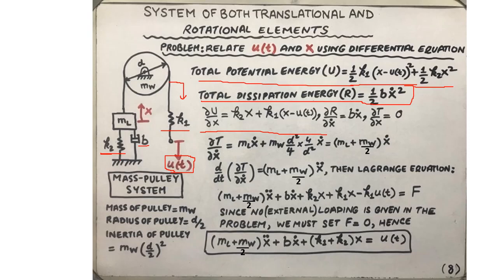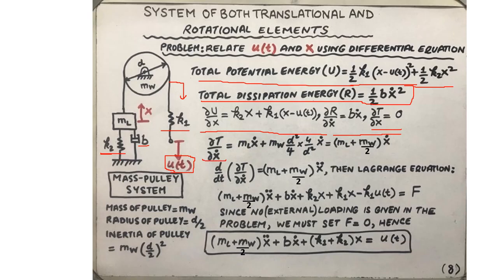Partial R over partial x dot is b times x dot, and partial T over partial x is 0. That's because kinetic energy does not contain any term that involves x. In other words, it is not a function of displacement. However, it is a function of velocity x dot.